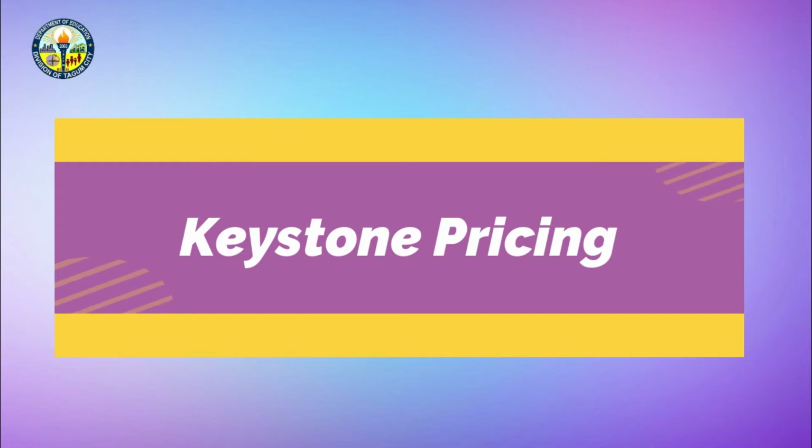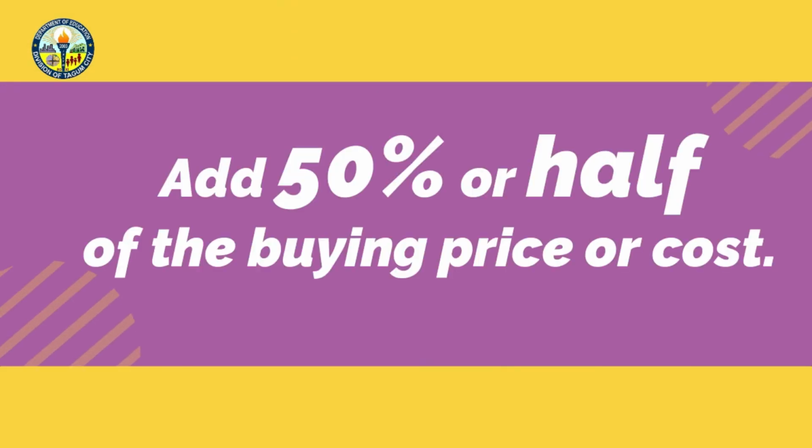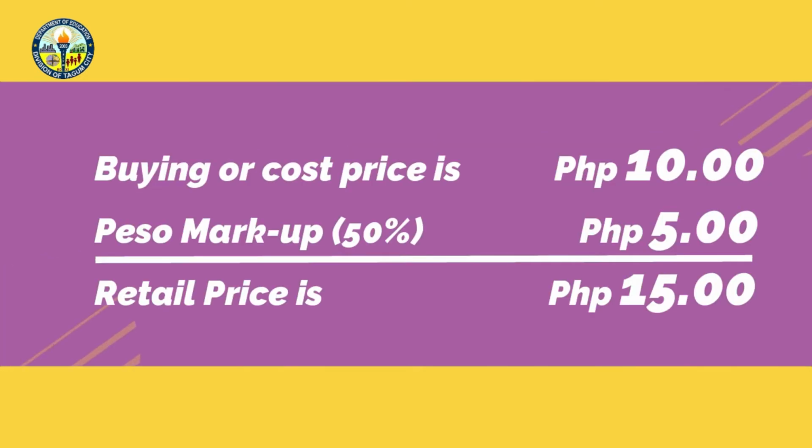Let's see the examples. This is what happens when you add 50% or half of the buying price. Buying or cost price is 10 pesos. Peso markup, 50% of the buying or cost is 5 pesos.